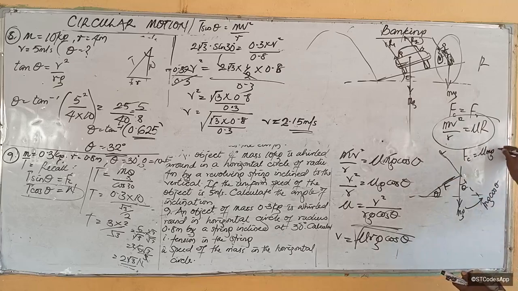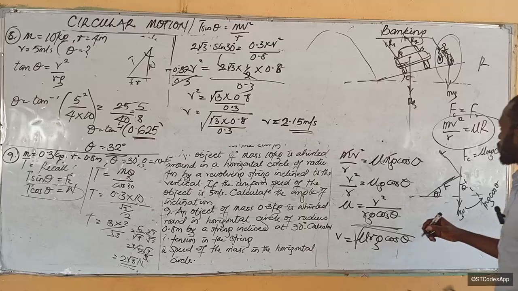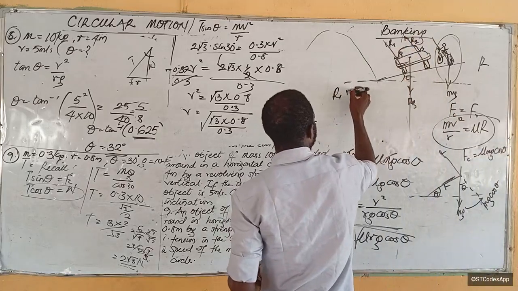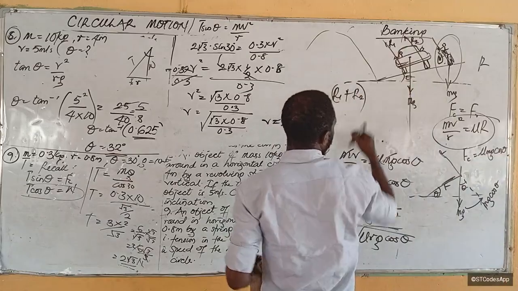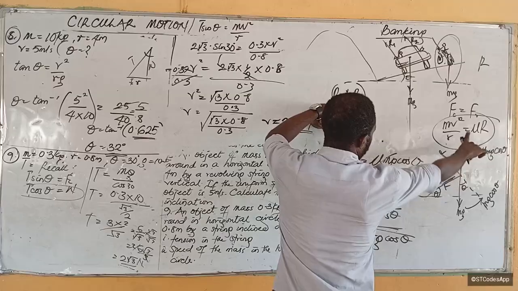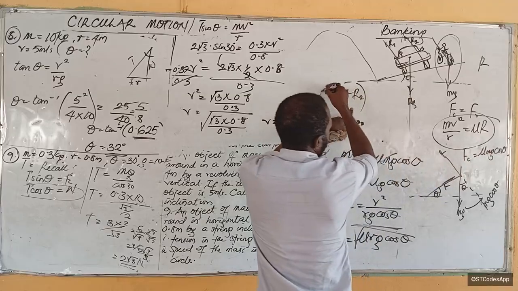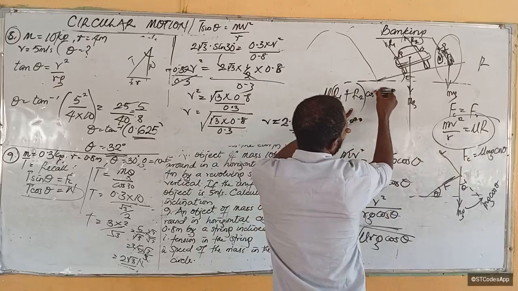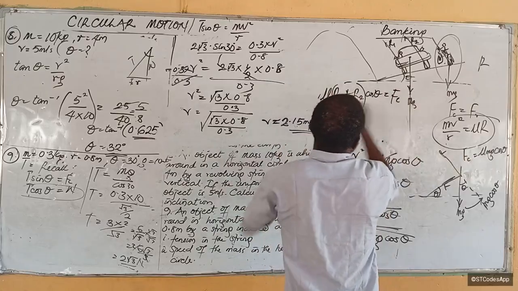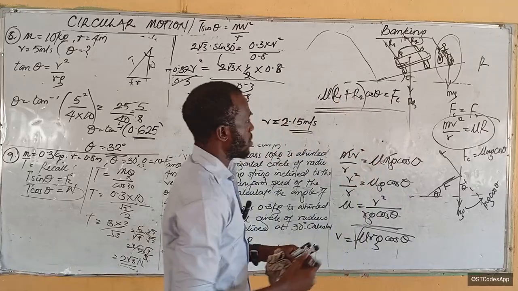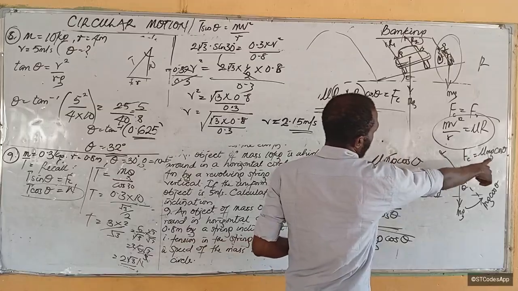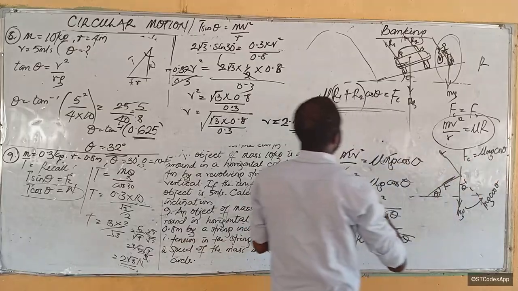In the same way here, the only difference is that it's going to be mu times R1 plus R2, times cos theta, equal to Fc. You know, this is the only dynamic that changes. Do you understand? It's mu mg cos theta.